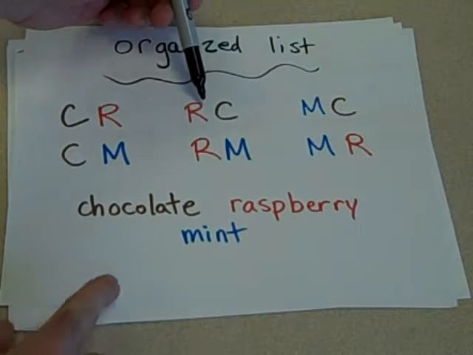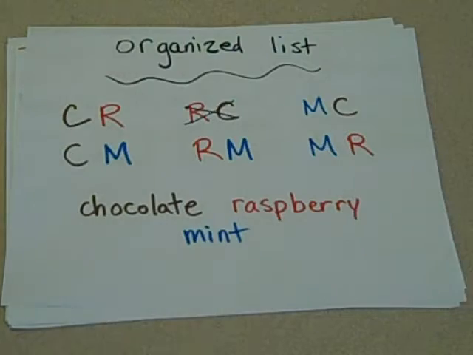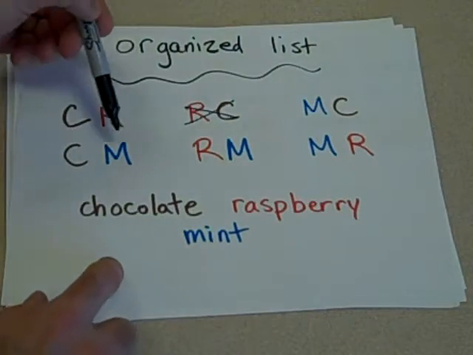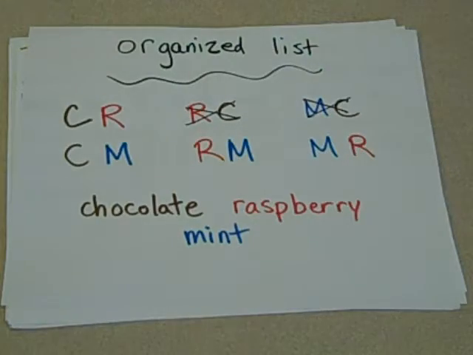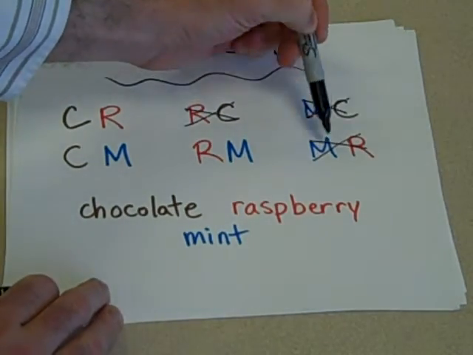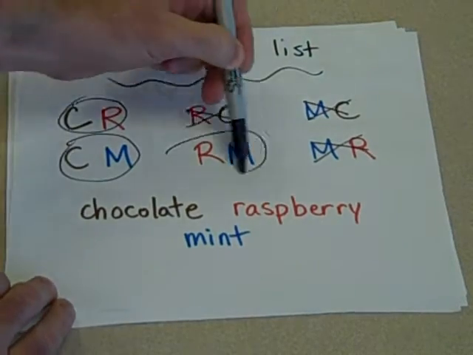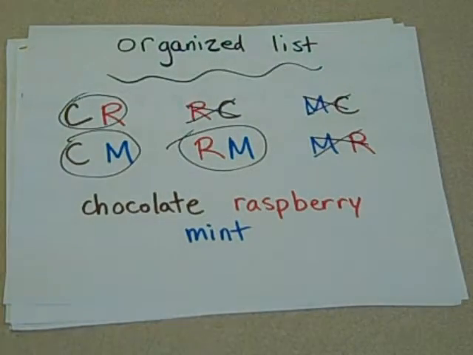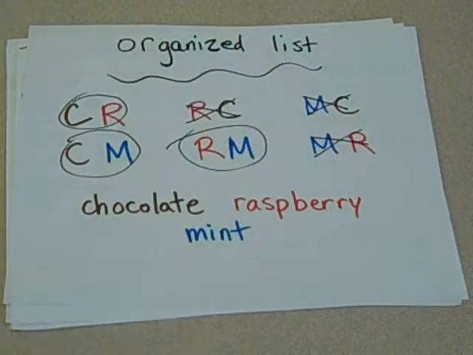Chocolate and raspberry, raspberry and chocolate, the same types of candy bars, so I'm going to cross one out. Chocolate and mint, mint and chocolate, so raspberry and mint, mint and raspberry. So this leaves me with 1, 2, 3. So Kiera has 3 combinations.